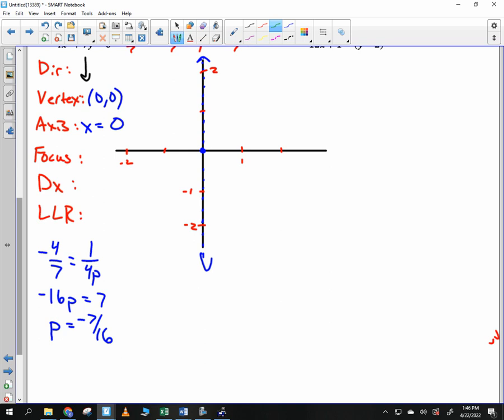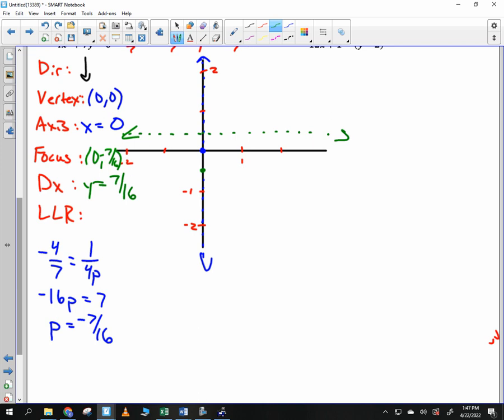So instead of going up, I'm going to go down. So from my vertex, I move down 7/16. What is that location? 0, negative 7/16. And then I'll move 7/16 in the opposite direction, and I will put a horizontal line through that because it's perpendicular to the axis of symmetry. And I get y is equal to 7/16.